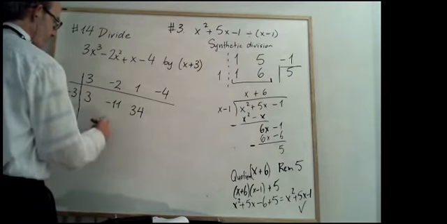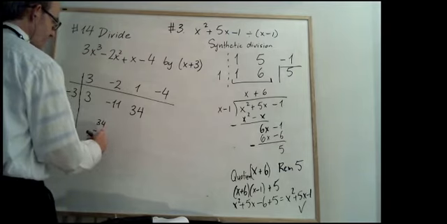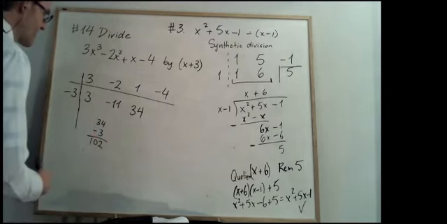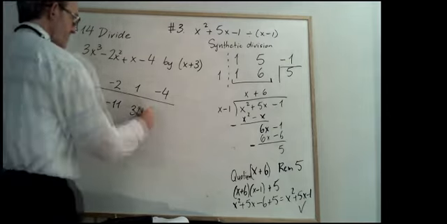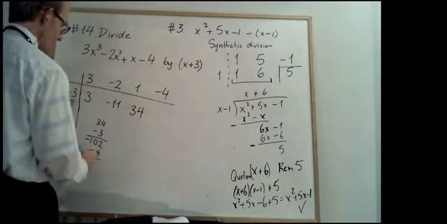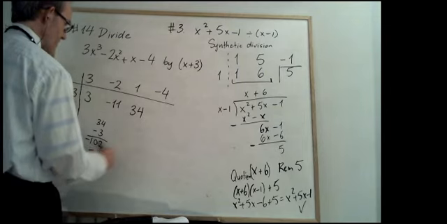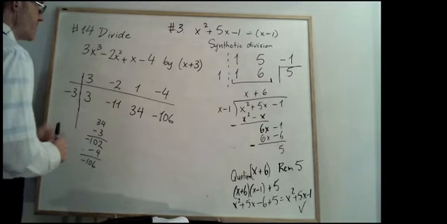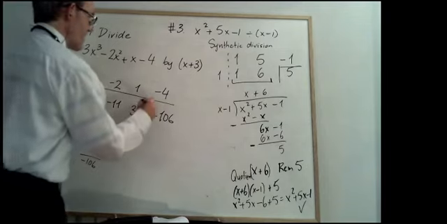You can do this by hand if necessary here. So it's minus 102. And then minus 4 is minus 106.